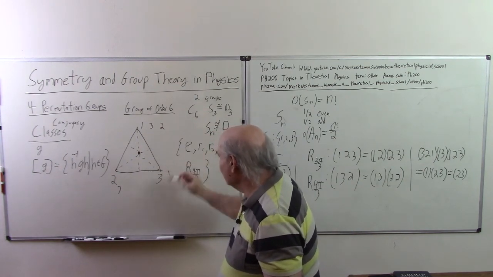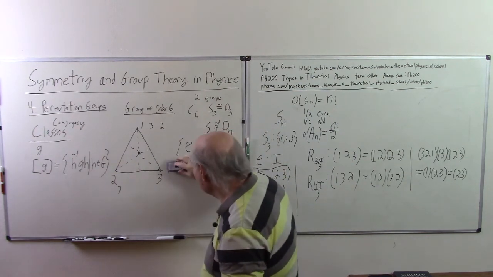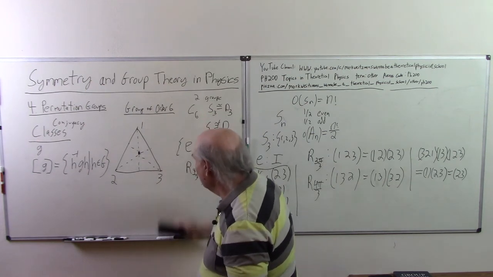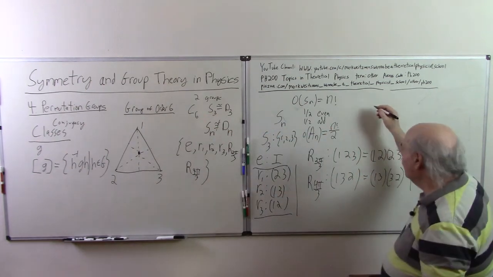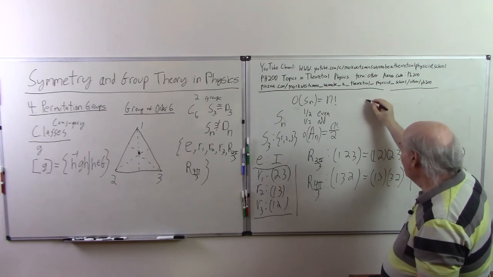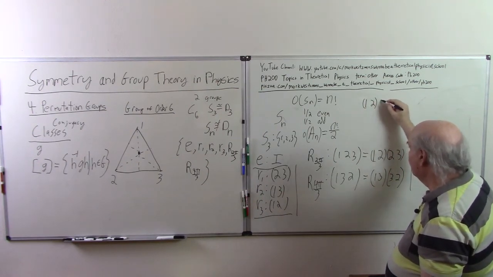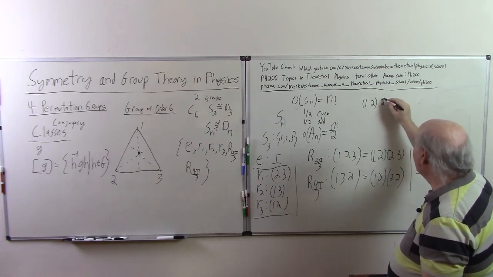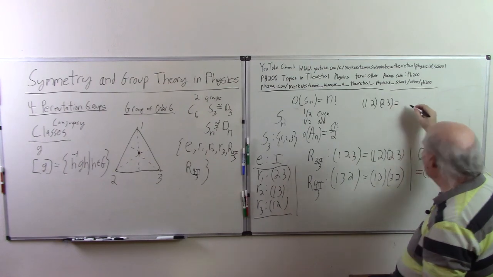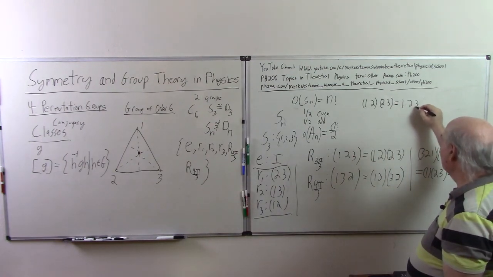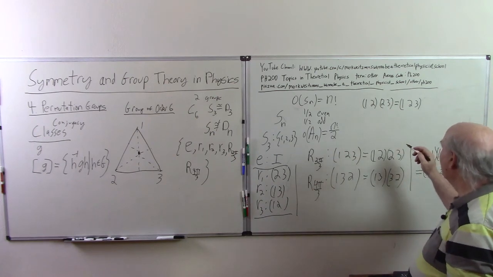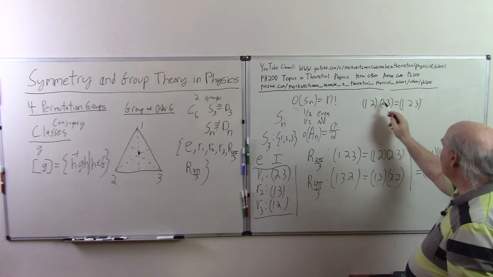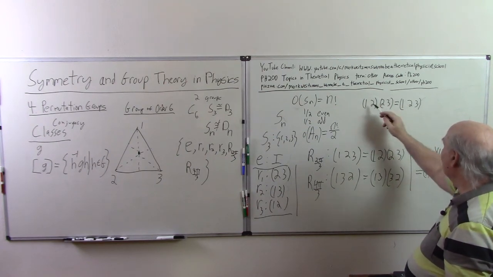That's too hard to see, so let's just work it out. 1, 2 times 2, 3 equals 1, 2, 3. Because 2 goes to 3, which is right. 3 goes to 2, and 2 goes to 1, which is right. And 1 goes to 2.